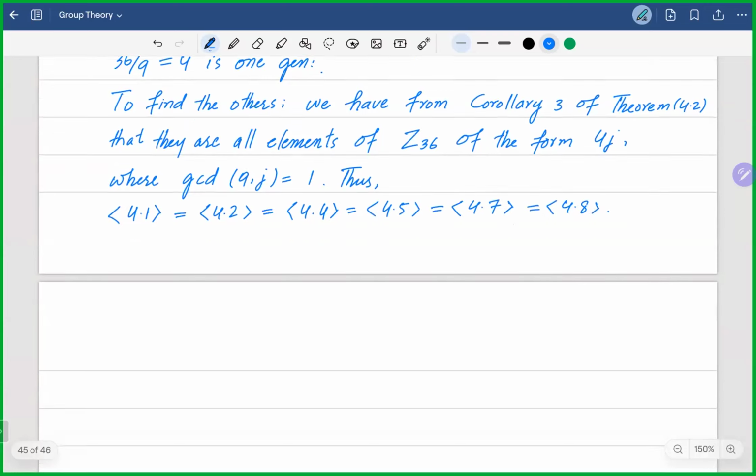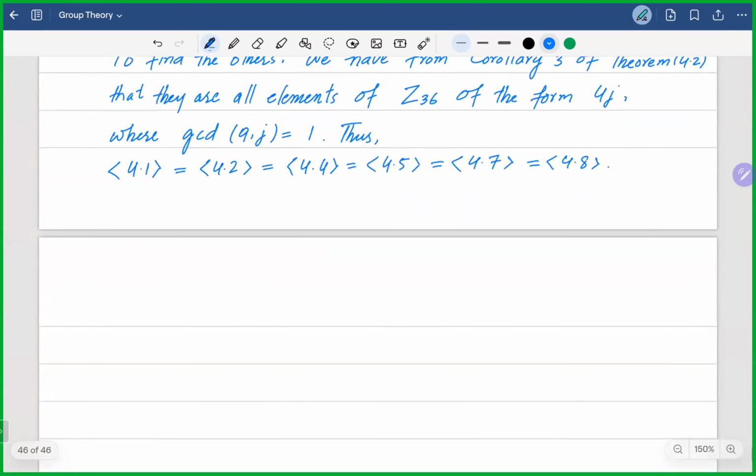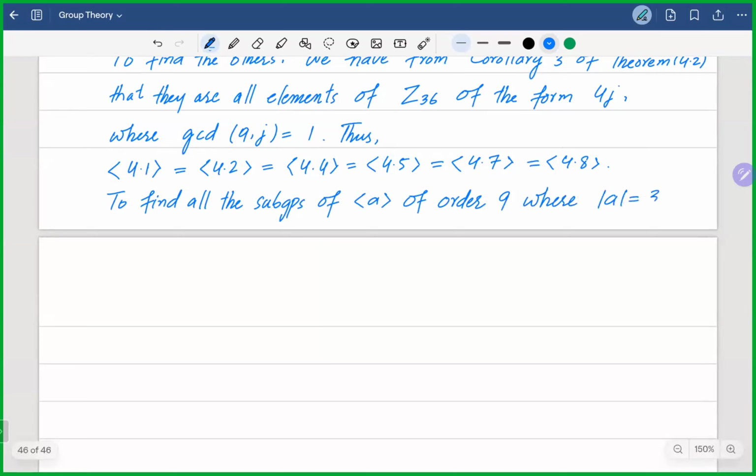Now in the generic case, find all the subgroups of the set generated by A of order 9, where the order of A itself is 36.